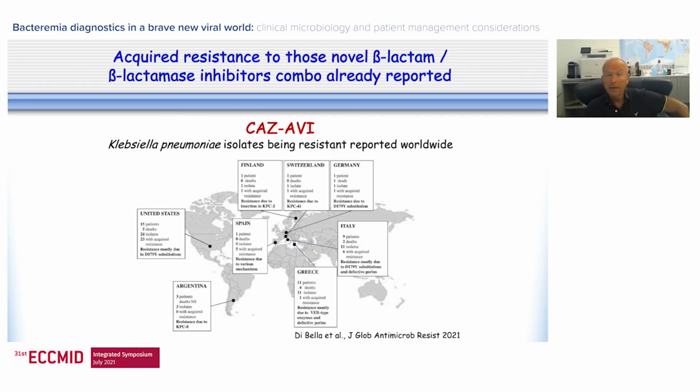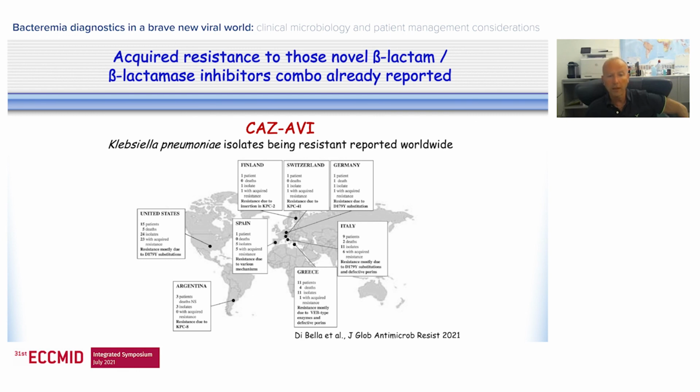And very recently, unfortunately, there have been a series of reports describing acquired resistance to those novel beta-lactam, beta-lactamase inhibitors combo. And if you see here some examples that have been reported in that review, in the United States, there have been several reports of isolate being resistant to cefta-avi combination.